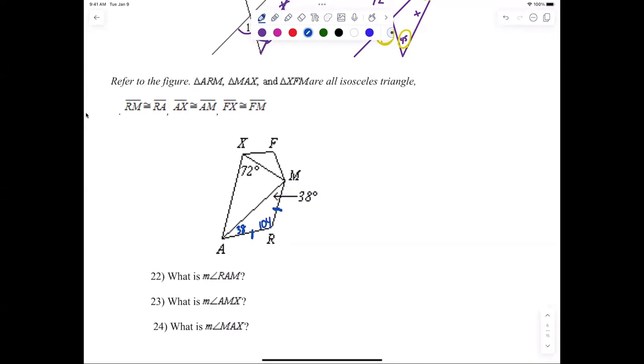That's how I would recommend doing it. And then it says that AX is congruent to AM, therefore XMA must also be 72, and 72 is 144. Subtract that from 180, I get 36. And that's why this guy right here is 36.